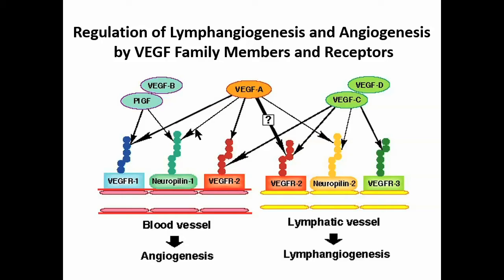So for the sake of argument, which would lead to the specific markers that I will discuss shortly, keep in mind that VEGFR1 and 2 are typically expressed on blood vessels with neuropilin 1, and of course VEGFR2 and 3 and neuropilin 2 are lymphatic. And of course there's a lot of crosstalk, so these are not mutually exclusive. So the ligands can activate. For example, VEGF-C: there are examples where it's been shown that VEGF-C or D can activate VEGFR2 on blood vessels.